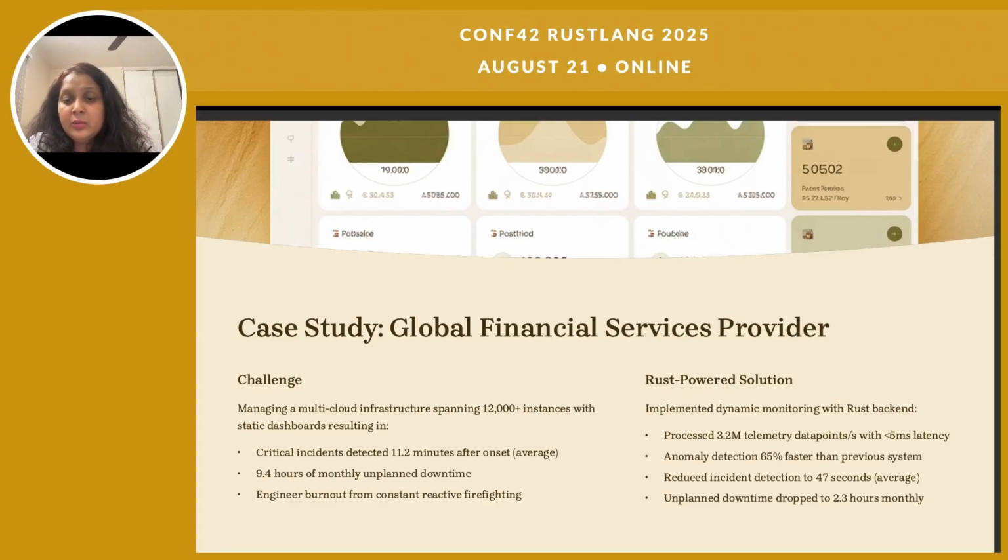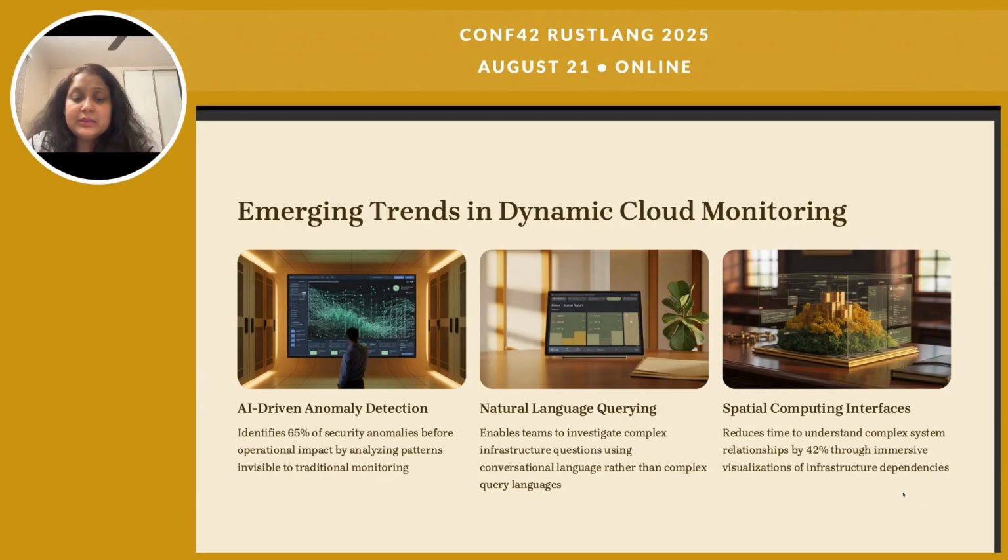So along with Rust, there are other things that can be done. There are a lot of emerging trends these days. When we have real time telemetry, there can be powerful capabilities added on top of it. It could be AI driven anomaly detection. More ML models can be added that can catch deviations that are invisible to static thresholds.